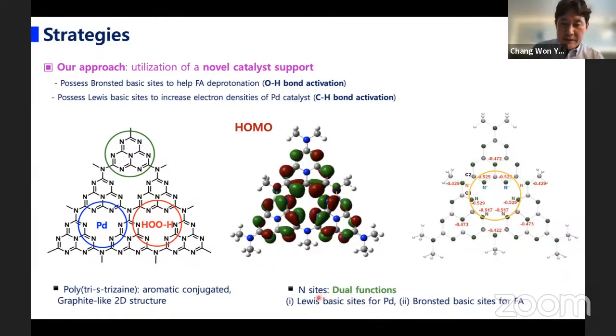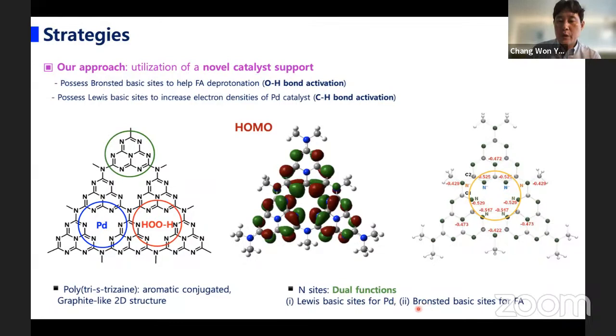So probably the nitrogen site plays dual roles. It acts as a Lewis basic site for palladium, which means that if you see the HOMO structure of this material, an electron-filled site exists here. So the palladium interacts with this nitrogen, then the electrons are transported into the palladium site, which makes the palladium site electron rich, and then facilitates our targeted formic acid dehydrogenation.